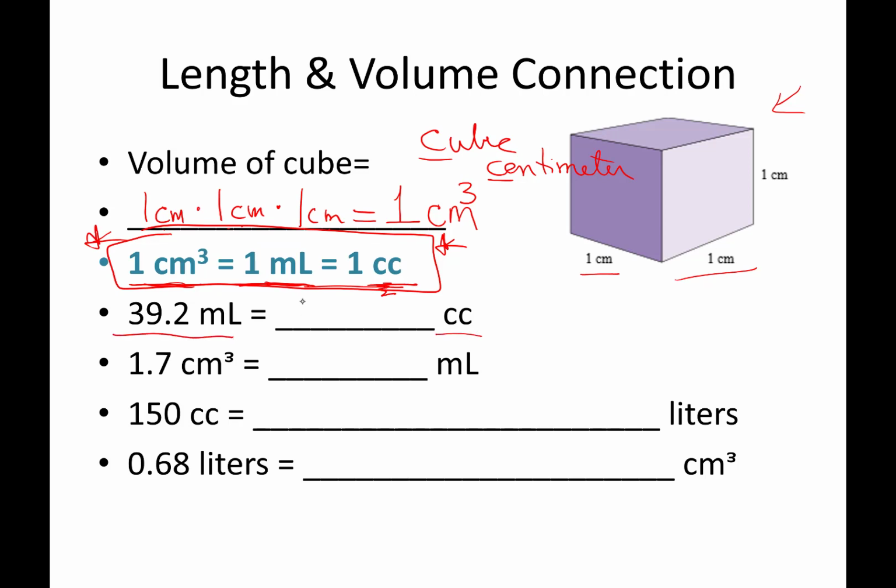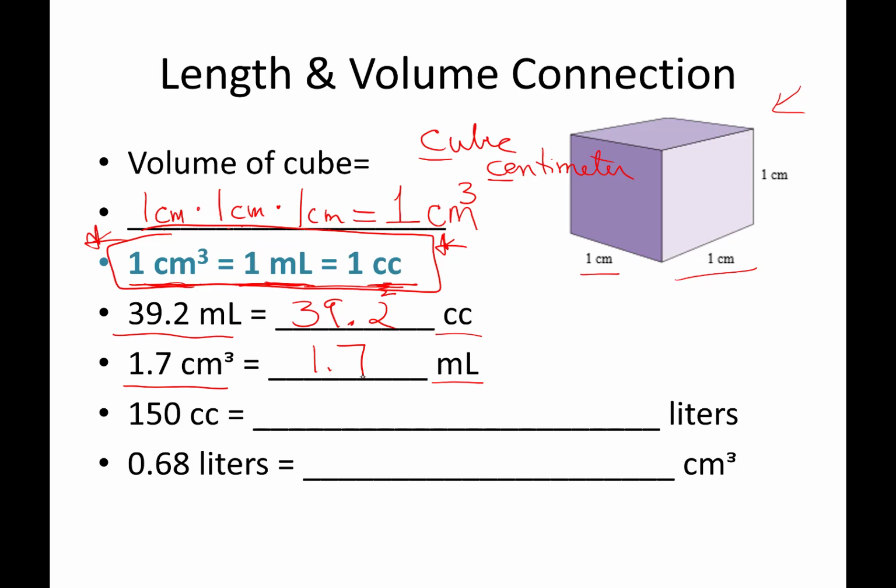Well, they're the same thing, so it's going to be 39.2 cc's. If I've got 1.7 cubic centimeters, how many milliliters is that? Well, it's 1.7 milliliters. Same exact thing, because they're kind of like calling something a tissue or a Kleenex. They're the same thing. It's just that one happens to be a brand name.